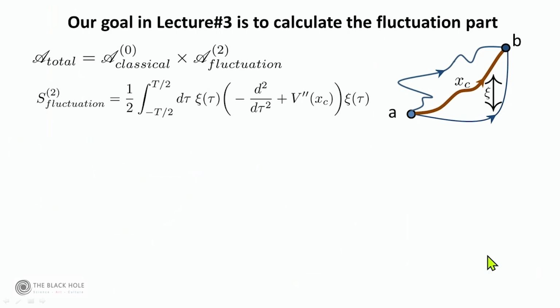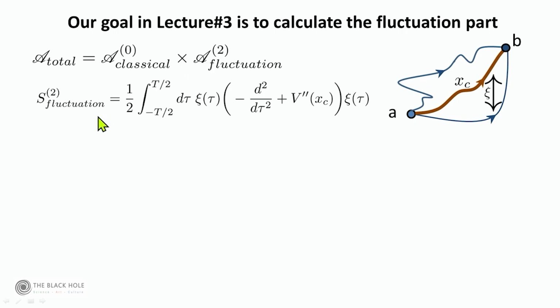The total amplitude to go from A to B, and remember, we start at time minus t over 2, and we end at time plus t over 2. The amplitude gets split into two parts, that is the 0th level, that is the classical amplitude, times the fluctuation part.